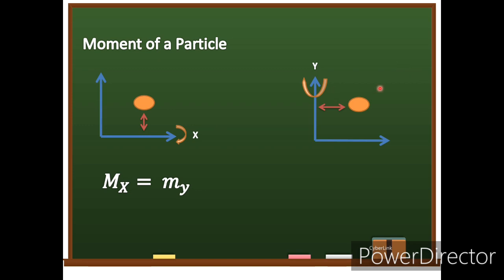So the particle is x units away from the y-axis. So m sub y is the product of m and x.